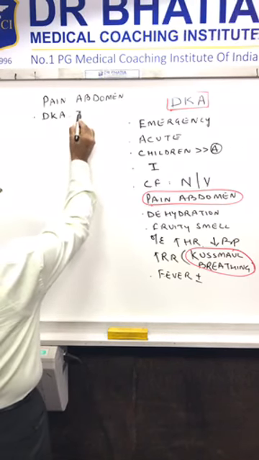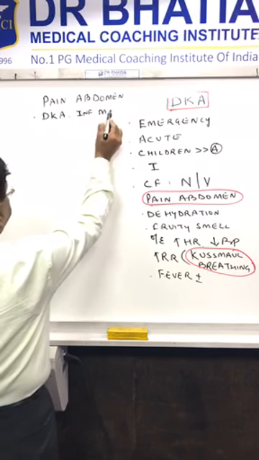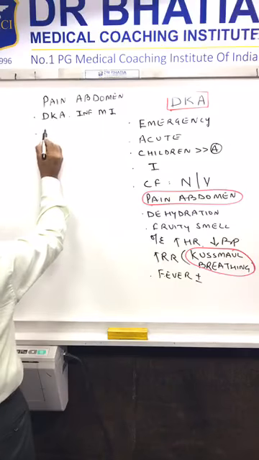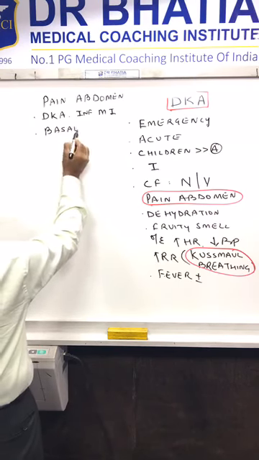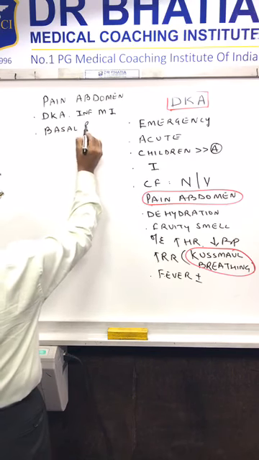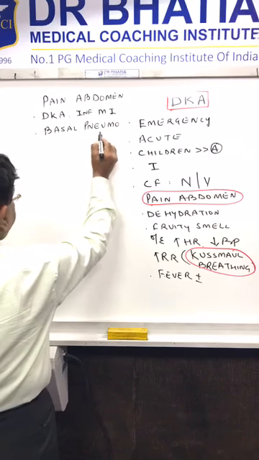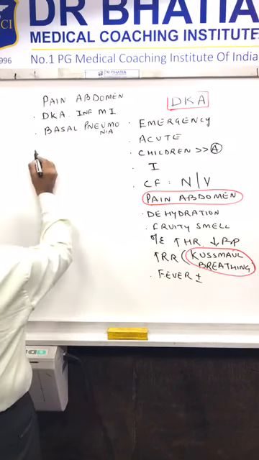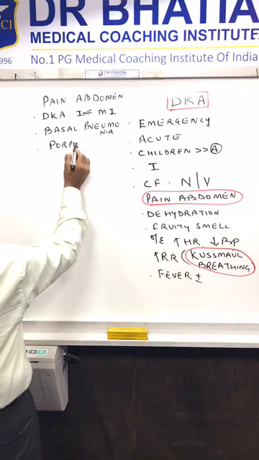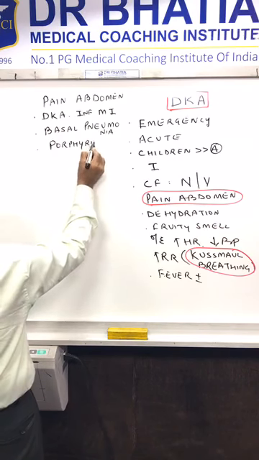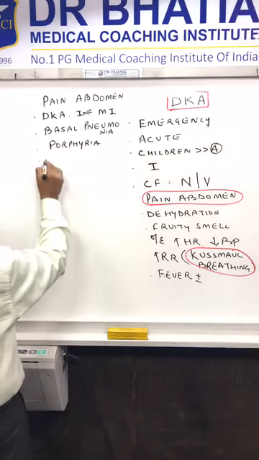It can occur in inferior wall MI, basal pneumonia, porphyria, Addisonian crisis.